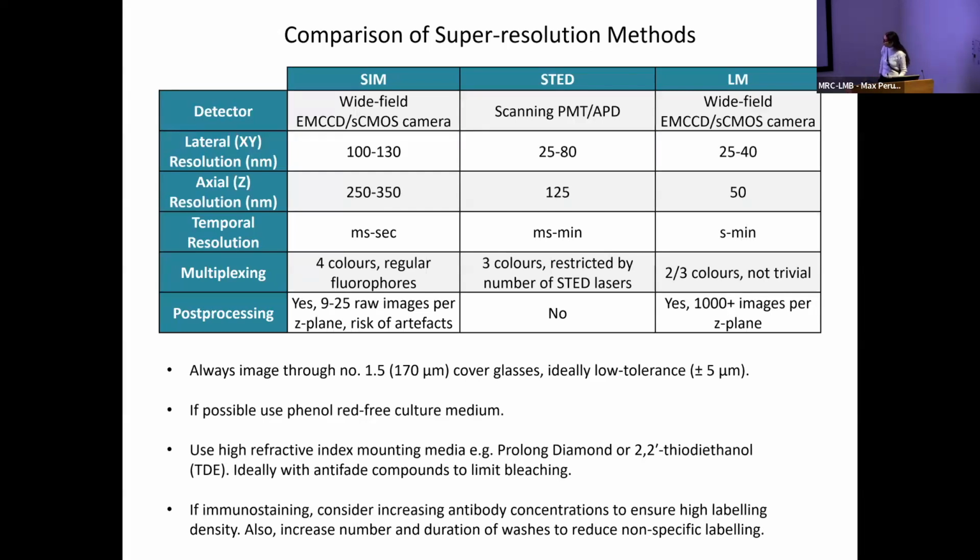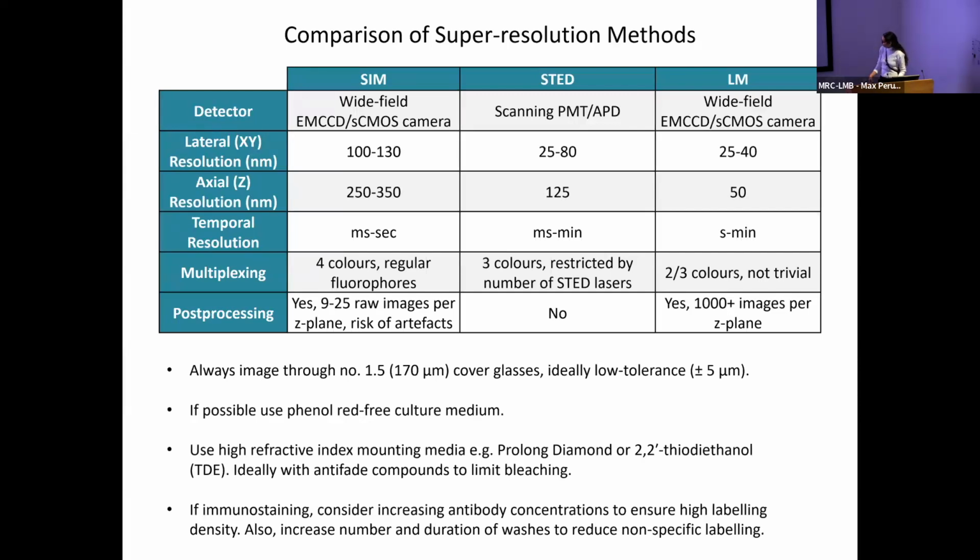And so just here some take-home messages on how to make sure that you reach this level of resolution. If you use coverslips of the right thickness, so 1.5 generally, you avoid spherical aberration.